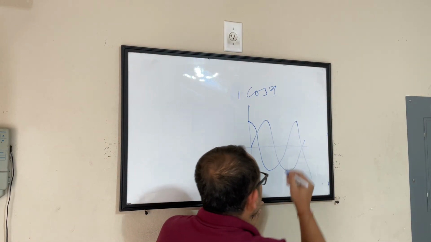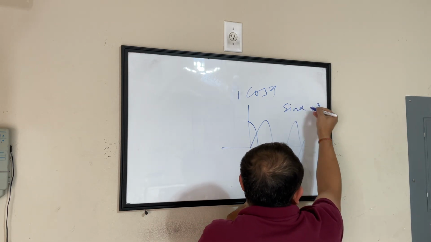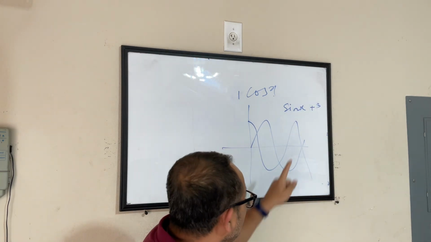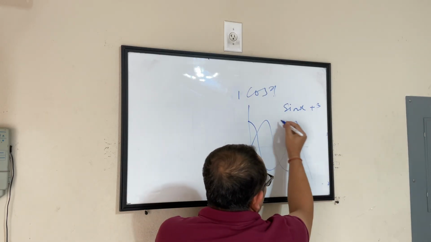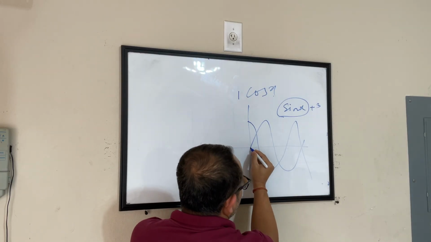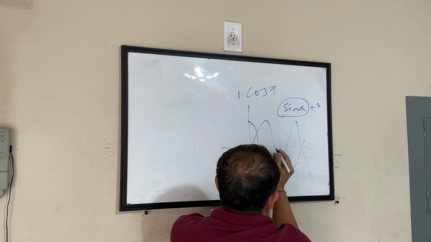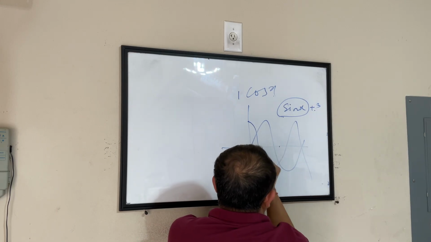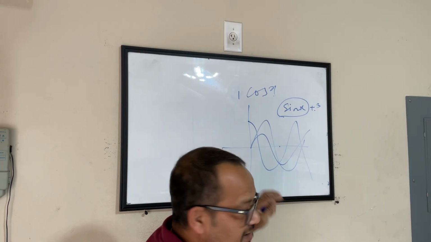Now there is another scenario that you will come across. Let's say if you say sine x plus 3. What it means is, instead of sine x, where you're starting from 0, if you put a 3, that means your curve moves by 3 points and starts from this place. No, my bad, sorry.